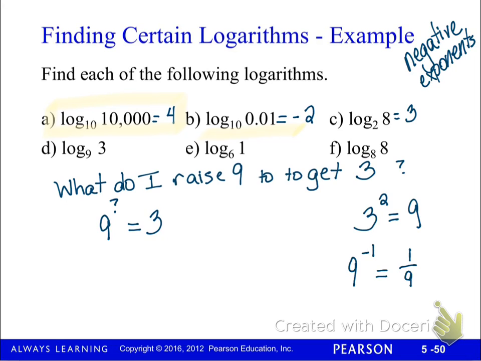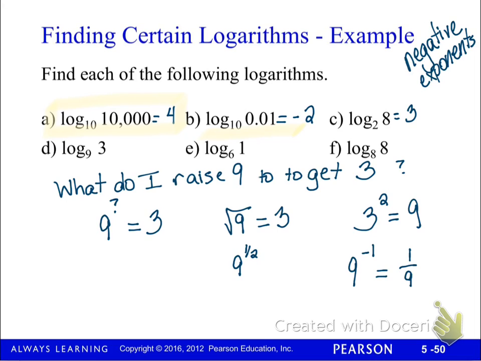Now, what you might have realized is that the square root of 9 is equal to 3. So what we have to do is remember, well, how do I write square root as an exponent? And the way that we do that is we say 9 to the 1/2.